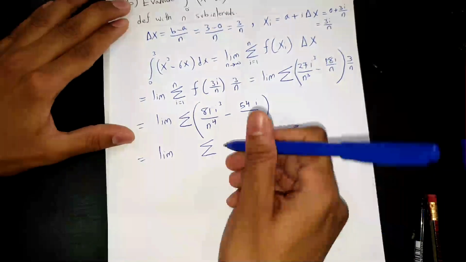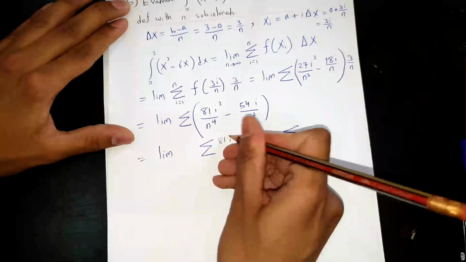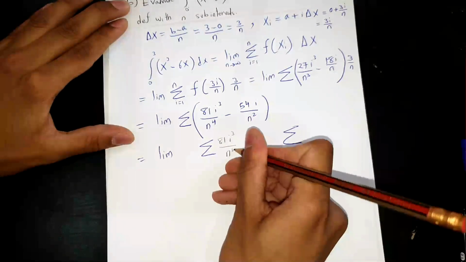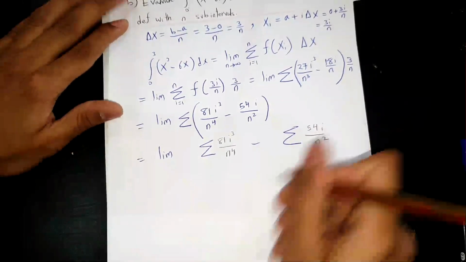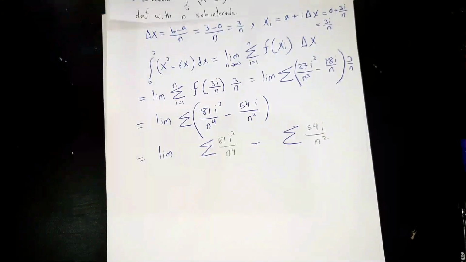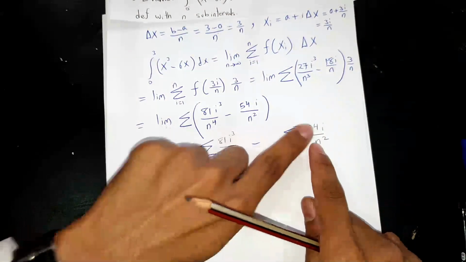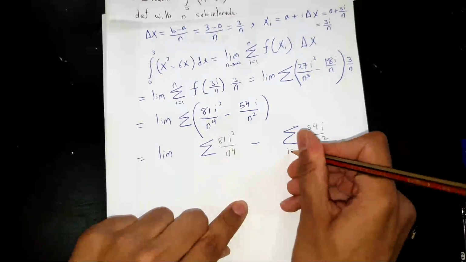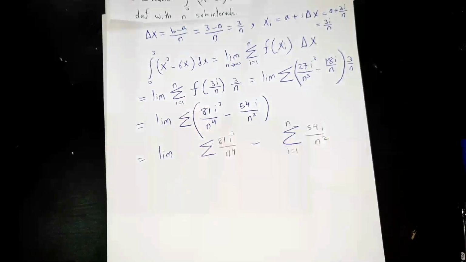What do we have here? We have 81i cubed over n to the power 4, and here we have 54i over n squared. Now I will do another step inside this step. Let us take the constants outside. Remember, the summation depends on what? On i. So anything other than i, you can pull it outside.